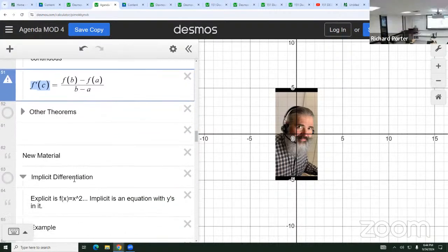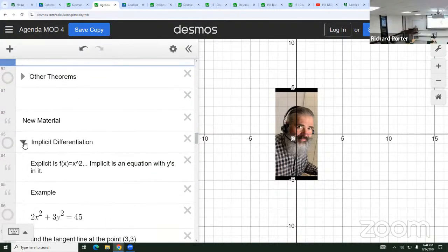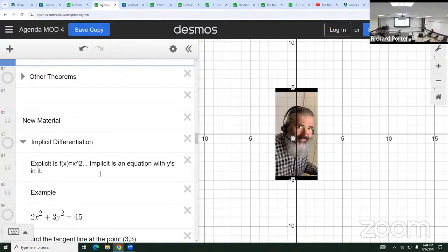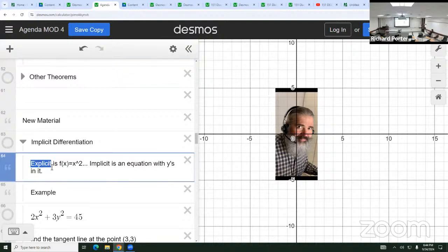Okay. New material: implicit differentiation. So what's implicit differentiation? The word explicit, does anyone know what that means? If I told you exactly what my age was, my age is 6, that would be explicit.